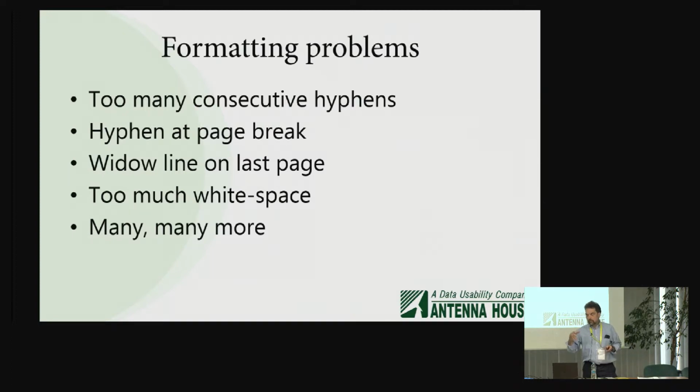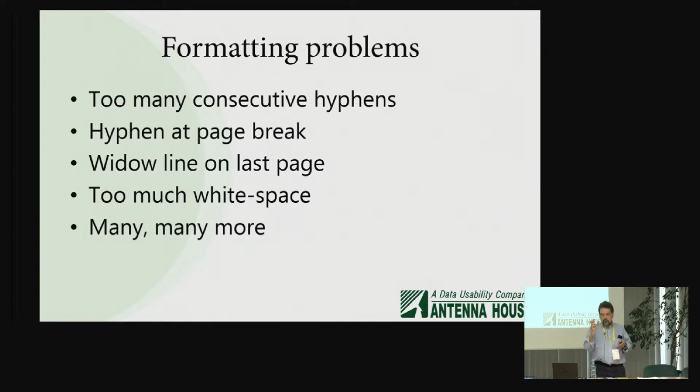Most experts on typography would tell you there's a problem if there's too many consecutive lines that end with a hyphen, or if there's too many lines that start and end with the same word, or end with the same word or start with the same word, because as you scan, you can get confused about which line you're reading.